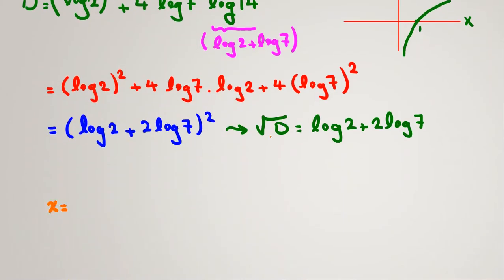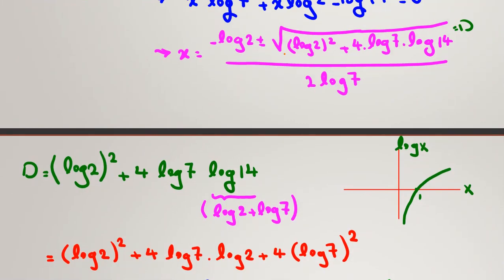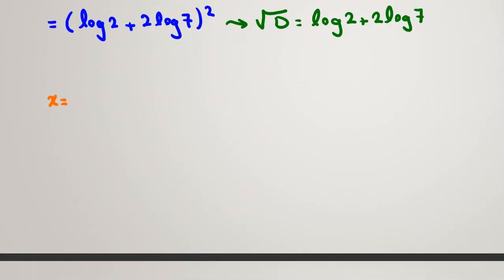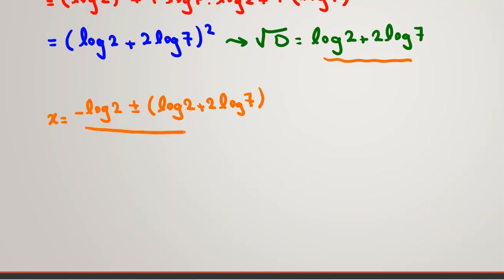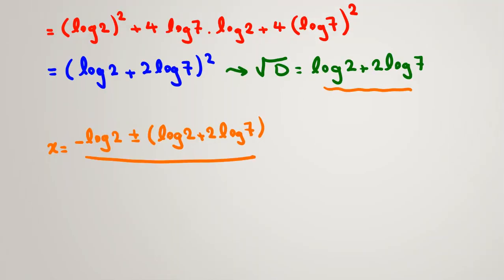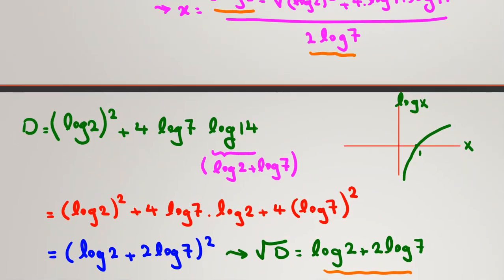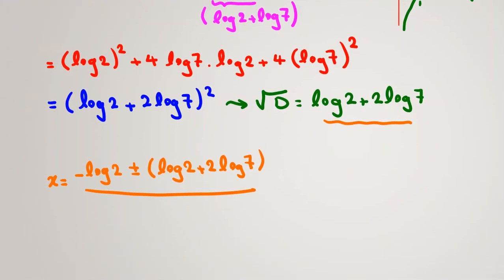x equal to negative log 2 plus minus the square root of d, which is from this part, log 2 plus 2 log 7, all over the denominator, which is 2 log 7.